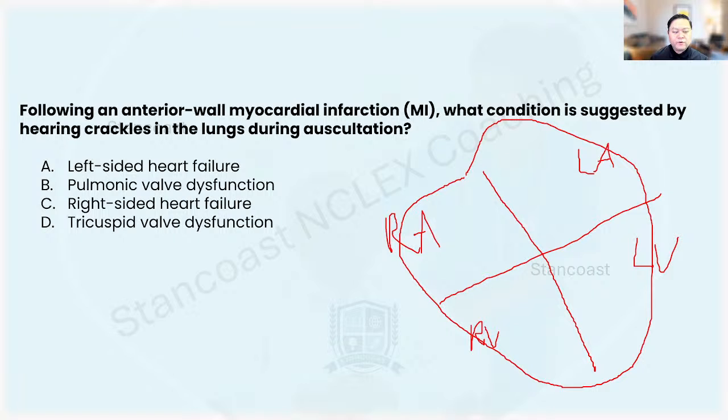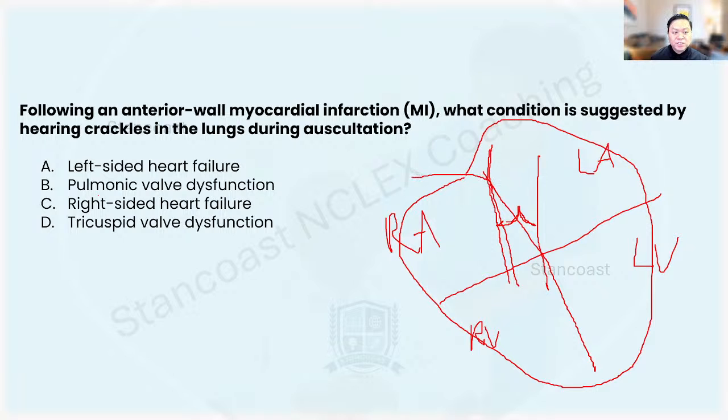So we are referring to letter B, pulmonic valve dysfunction. So basically that pulmonary artery is that great blood vessel rather. It's that big blood vessel that receives blood coming from the right ventricle. And it has that semilunar valve that will prevent the backflow, or it will allow the inflow of blood coming from the right ventricle into the pulmonary circulation.